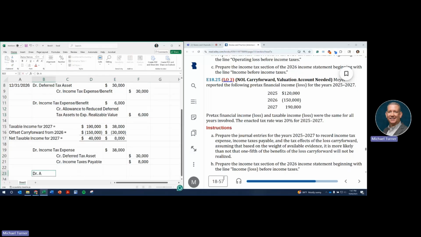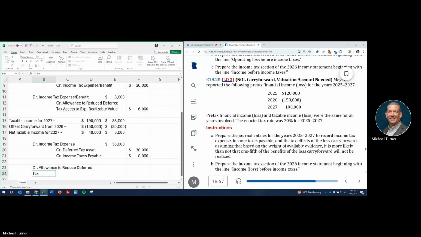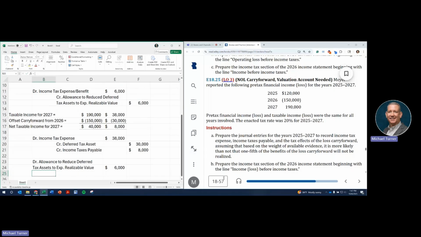So debit the allowance to reduce deferred tax assets to expected realizable value. Debit that. That will make that go to zero. And then we will credit income tax expense benefit.